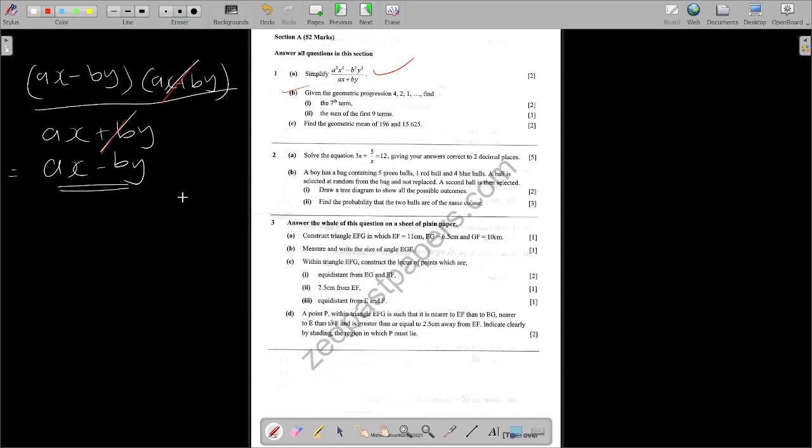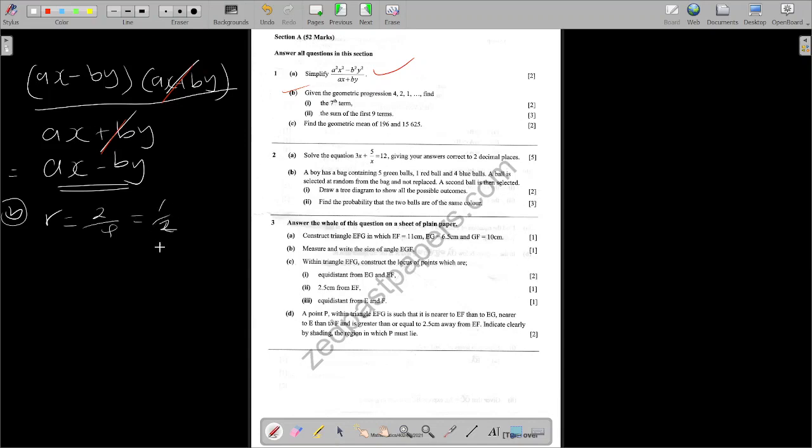Question B says, given the geometric progression 4, 2, 1, find the seventh term. The first thing is to find the common ratio. How do we find the common ratio? The common ratio of the geometric progression is r equals 2 over 4, which is 1 over 2.